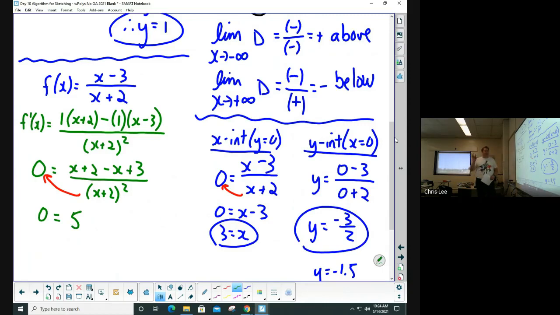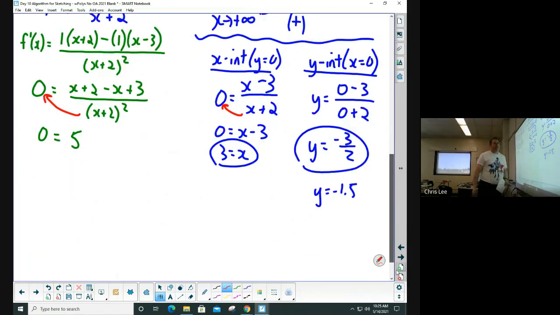This should ring a bunch of alarm bells because I'm pretty confident that 0 is not equal to 5. In fact, that statement is absurd. Just a little throwback to our vector days when we ended up with something that's weird. I said it was absurd.